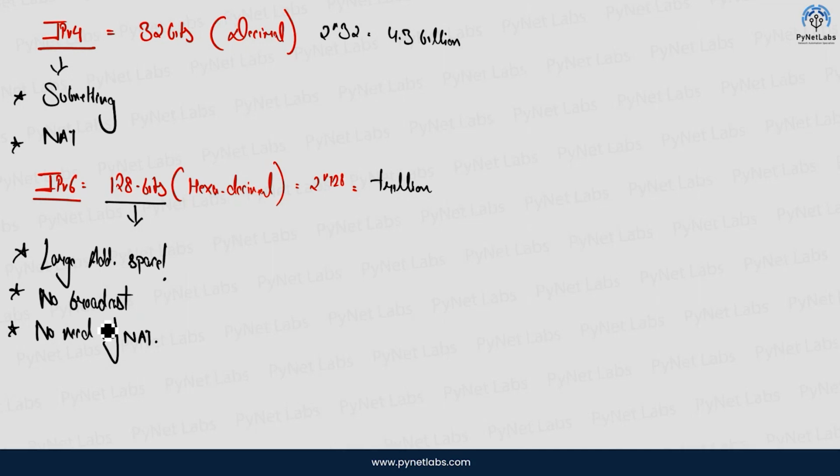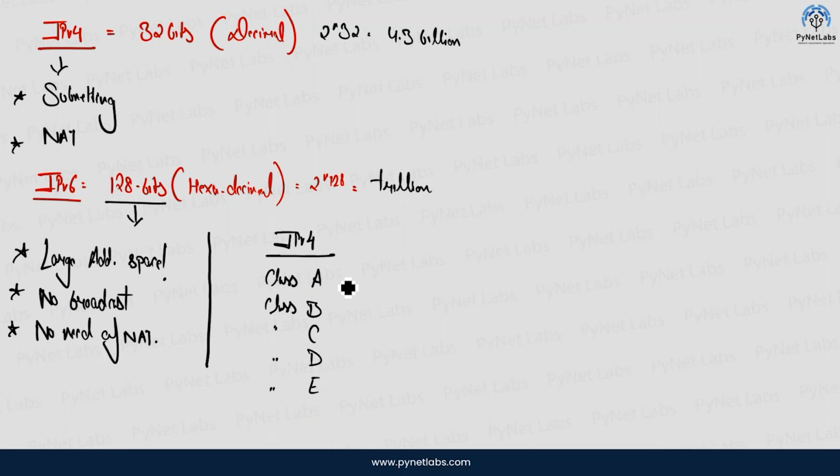Now, if you know about IPv4, in IPv4 we have classes: class A, class B, and similarly C, D, and E. These are the classes which were there with the IPv4 addresses, each having a range.